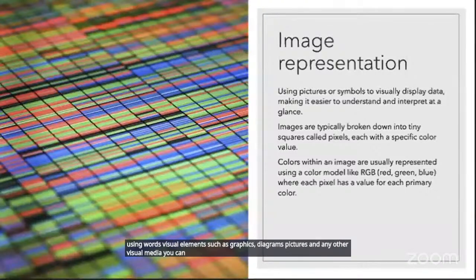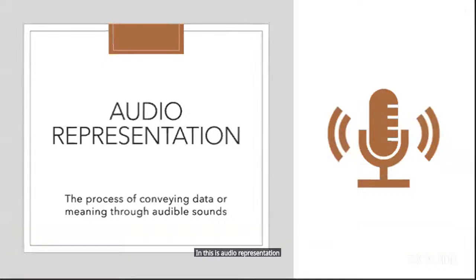The next is audio representation. Audio is also self-explanatory. It's all about conveying data, your concepts, your ideas through sound.